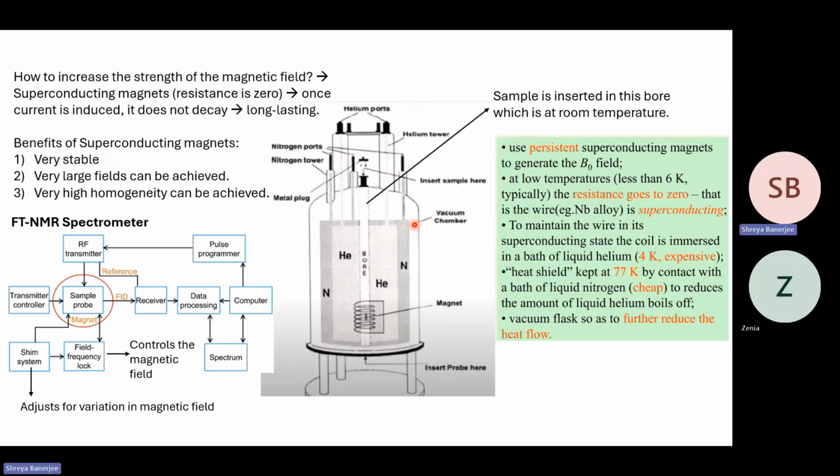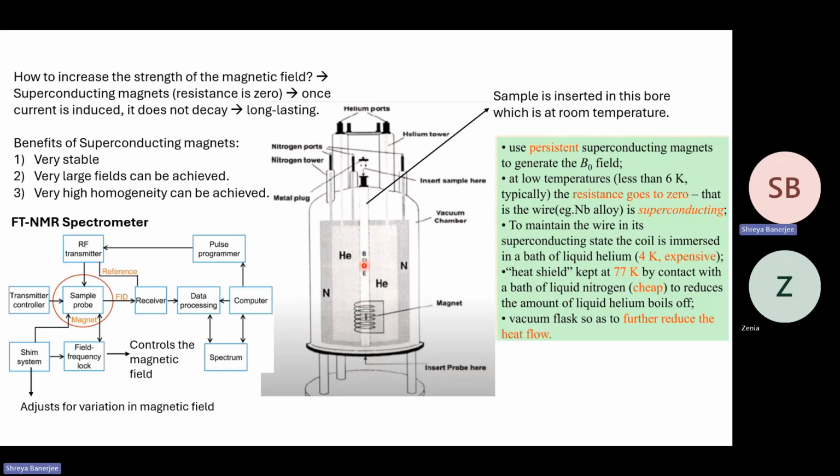So now we will look at the Fourier transform spectrometer. Here basically what happens is that at the middle of the spectrometer there is a bore. The sample is inserted into this bore in a tube.